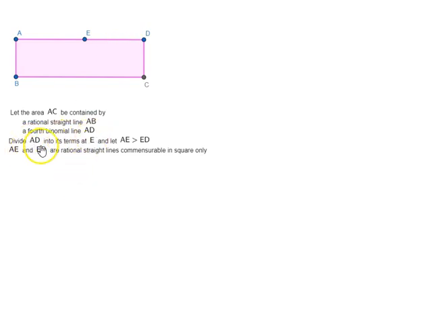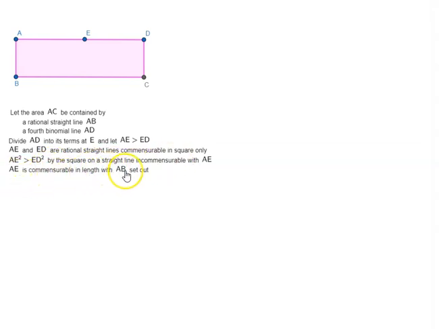We are dividing AD into its terms at E in such a way that AE is greater than ED. So AE and ED are rational straight lines commensurable in square only, and AE square is greater than ED square by the square on a straight line incommensurable with AE. These are all part of the definition of the fourth binomial.